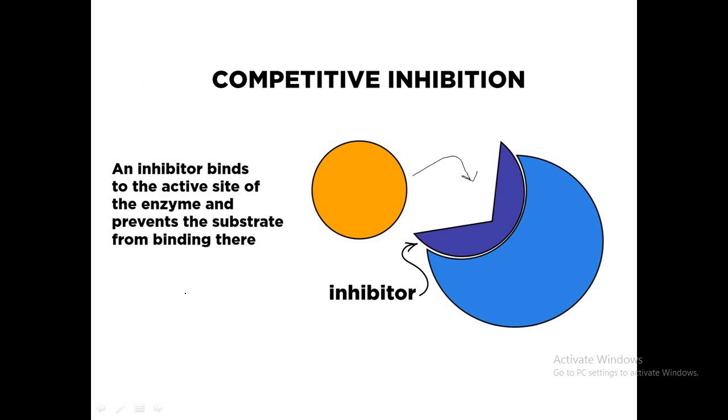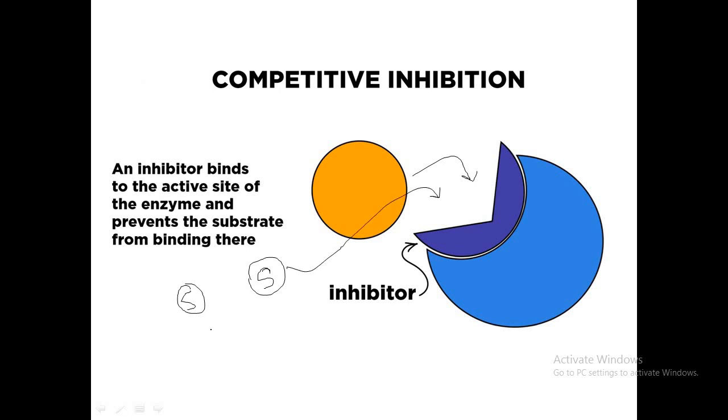Let us suppose there are 5 substrate molecules and there are 5 inhibitors. Because the affinity of the inhibitor is very high, the inhibitor will bind to the enzyme.